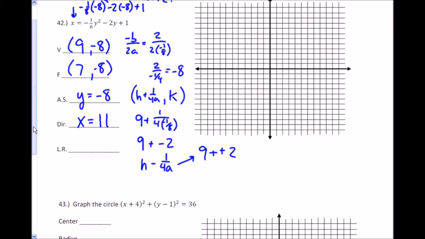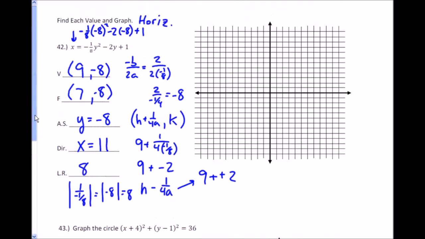The length of the LR, we do the absolute value of 1 over a. So that's the absolute value of negative 8, which is 8. And that gives me the width of the parabola through the focus. And now I just have to plot all this stuff. So I start at (9, negative 8).